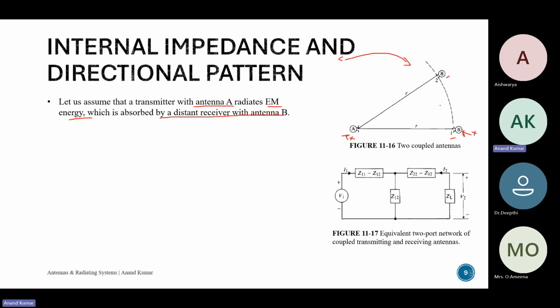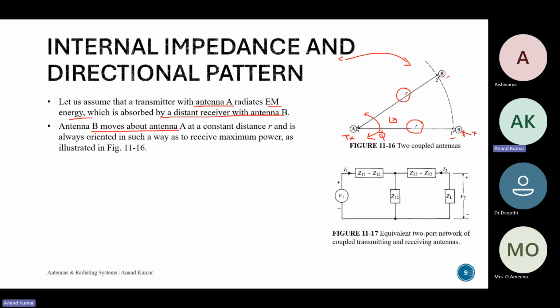Let's say we can move the receiver while the transmitter stays here, and it remains at a distance r, with a varying angle theta and phi. So we can vary its location angularly by varying theta and phi, while keeping it at a certain distance r.